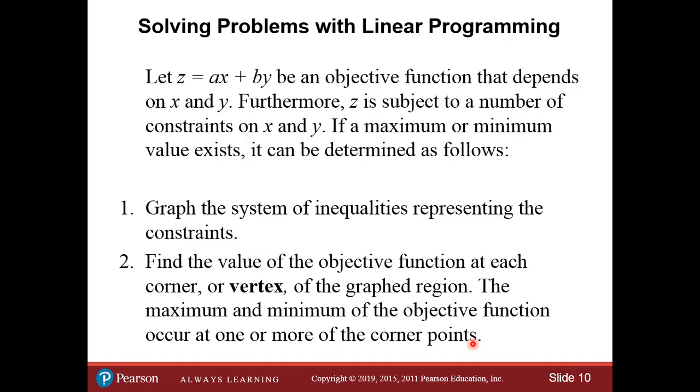Again, this is not something we're going to discuss, I don't think, in this class, but it can be proved that the maximum and minimum value of the objective function must occur at one or more of the corner points. Okay, so guess what? That helps us limit the number of test points we're going to use, because each feasible region that we're going to deal with is only going to have a certain number of corners that we can test. So we go ahead and test them all.